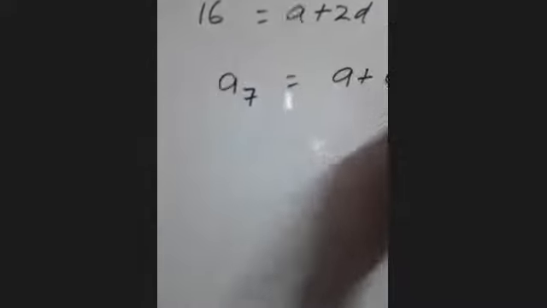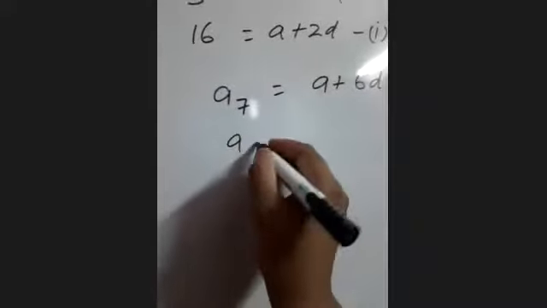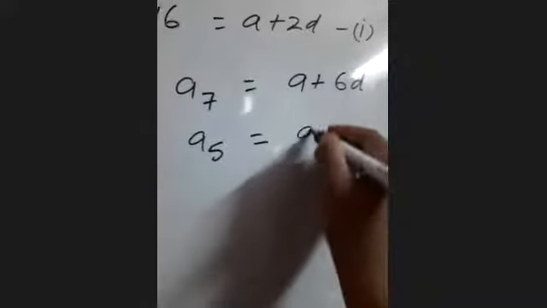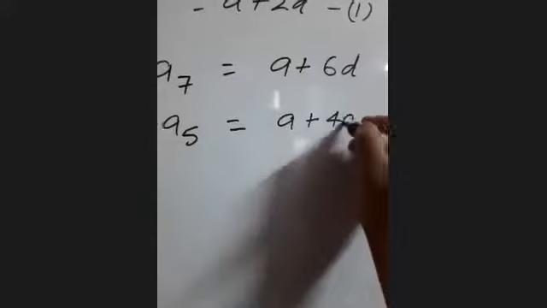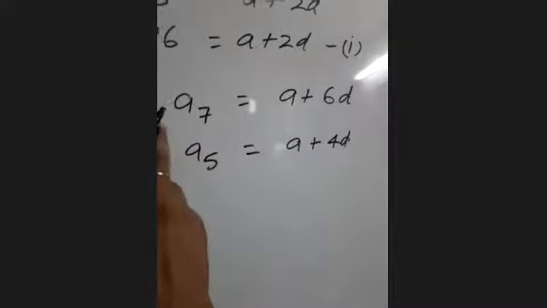So the seventh term can be written as A7 equals a plus 6d, and the fifth term, A5 equals a plus 4d.